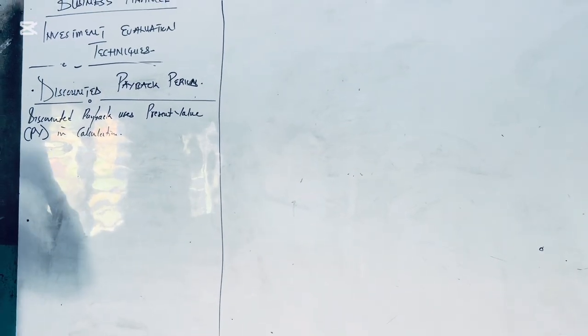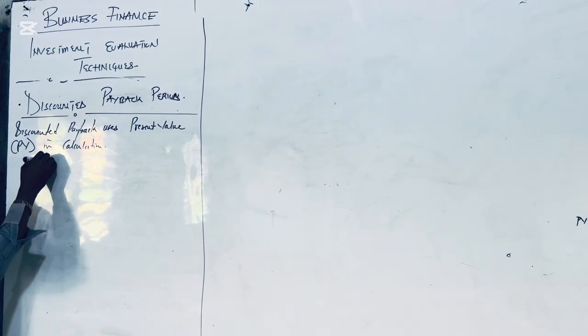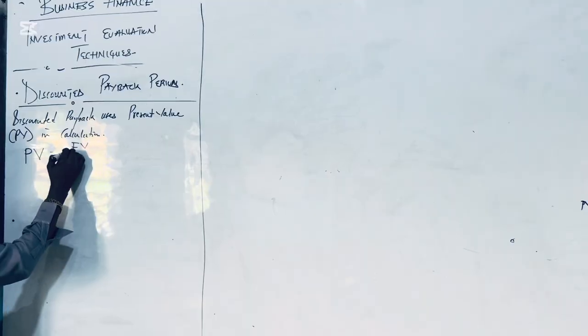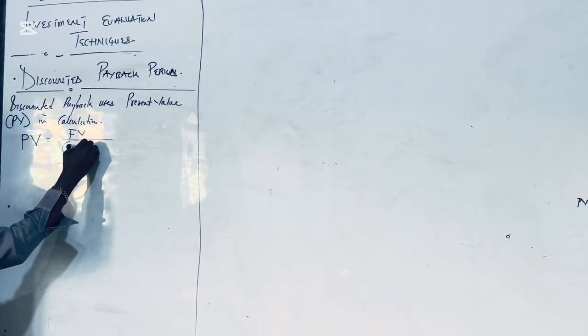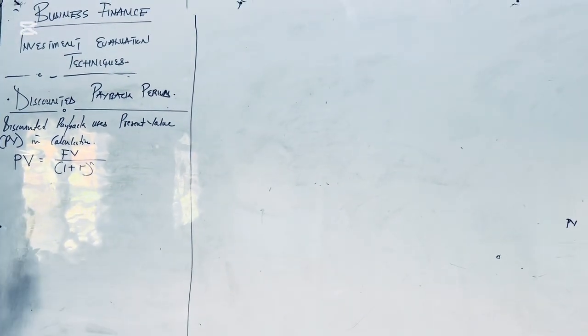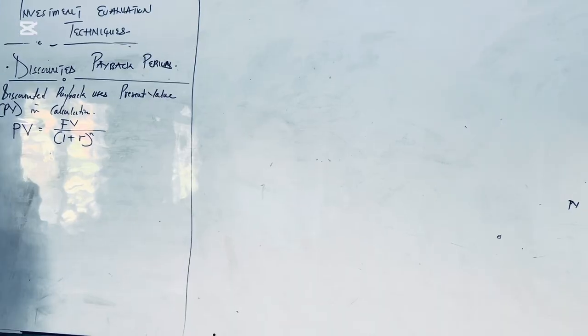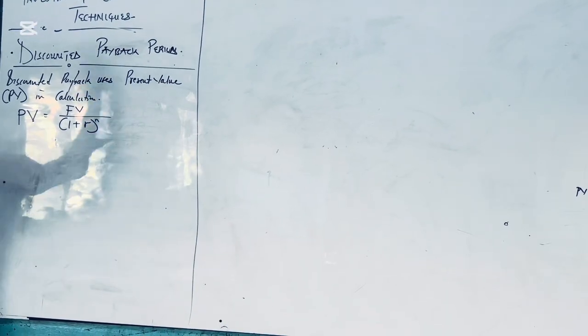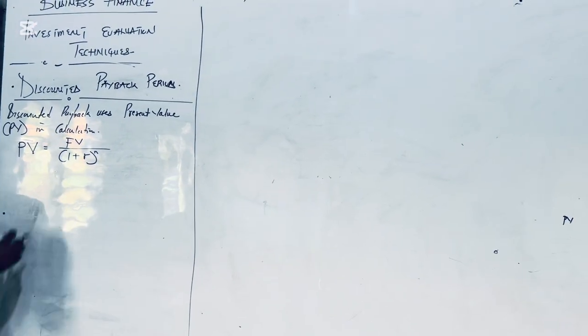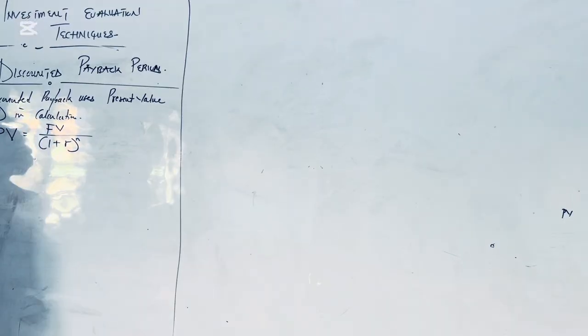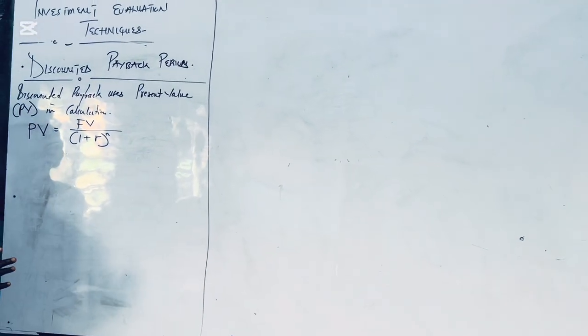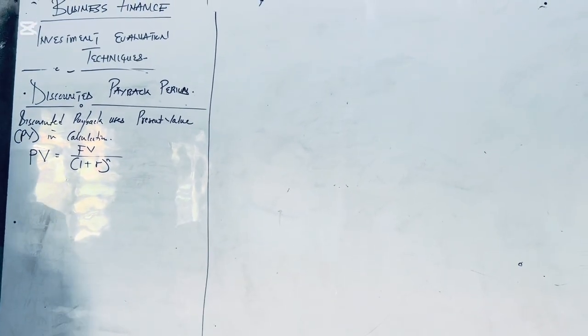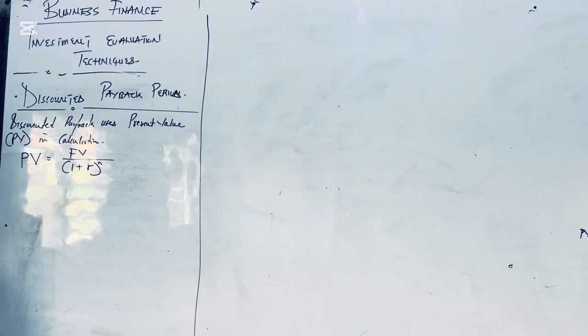And remember we said our present value is equal to future value over 1 plus r raised to the power n. We've done this already where we said your future value will be given. That's the future cash inflow. And then your r is always expressed in percentage. And then your n is the number of years or period. That is it.